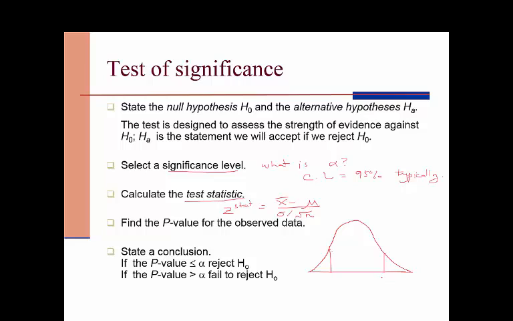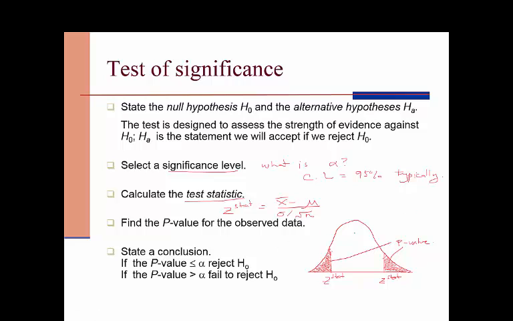Suppose you have Z statistic, and this area on the right hand side of Z statistic and this area on the left hand side of the negative Z statistic. What are those areas? These two areas combined is the p-value, right?